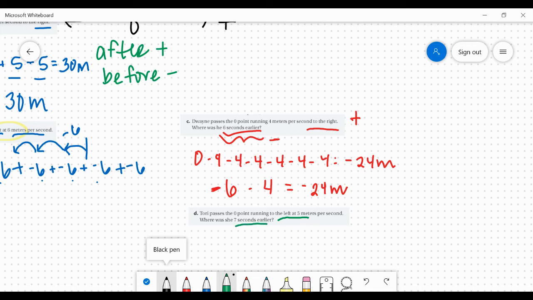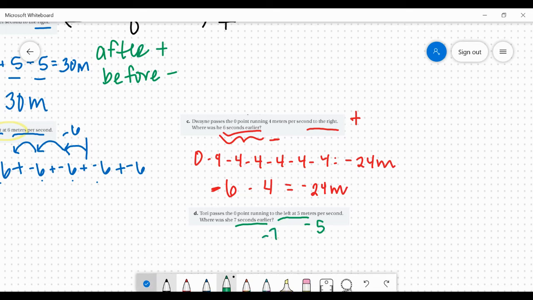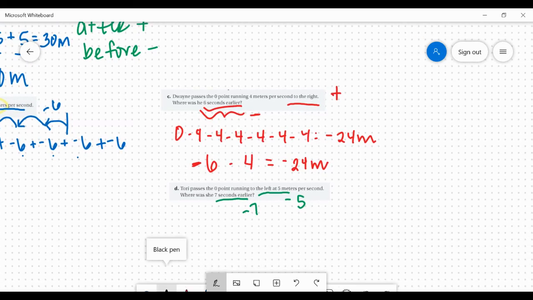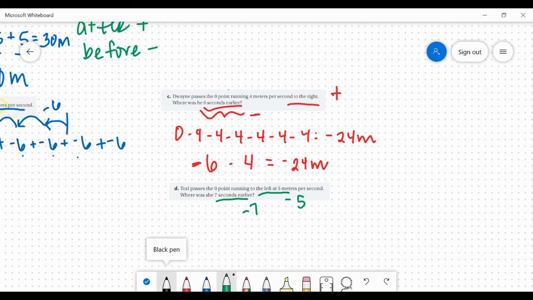So 5 meters to the left would be a negative 5. Now, 7 seconds earlier would also technically be a negative 7. So now we come to the most complex type that we have, which is a negative times a negative. Let's dive into this.